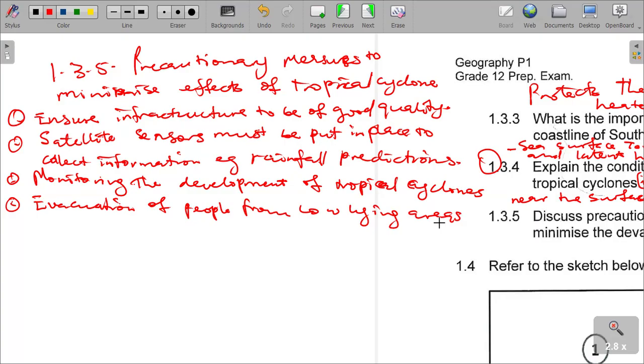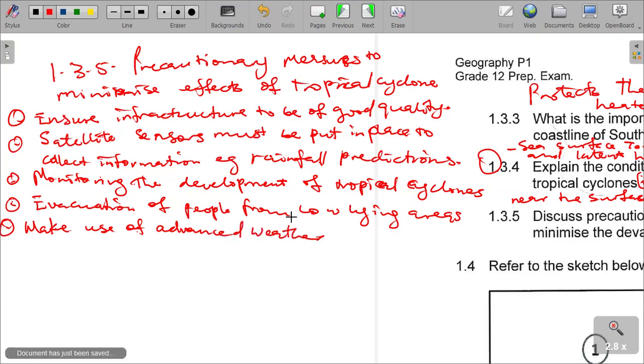Also, we can make use of advanced weather predictions and warnings, which we can as well say means ensuring that we provide early warning and communication systems for people.